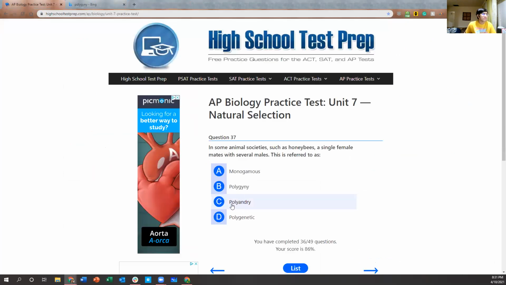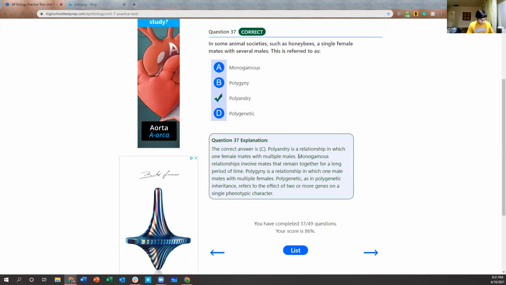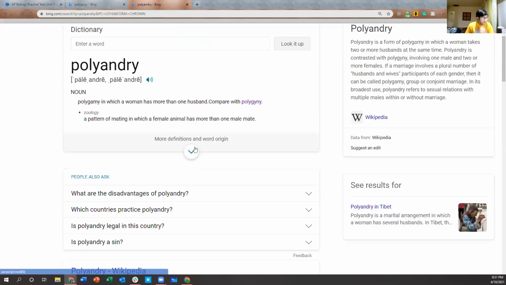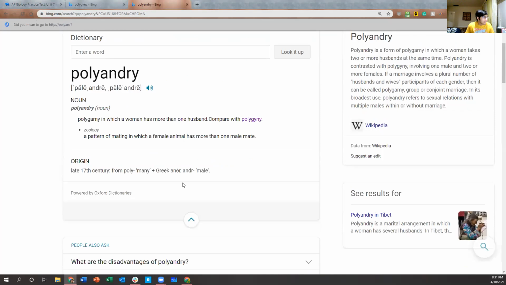Polyandry means female has many men. That's actually the root word for that. I think that would actually help me remember what polyandry is. I'm sure that andry part has something to do with, yeah, aner or andra in Greek, it means male.